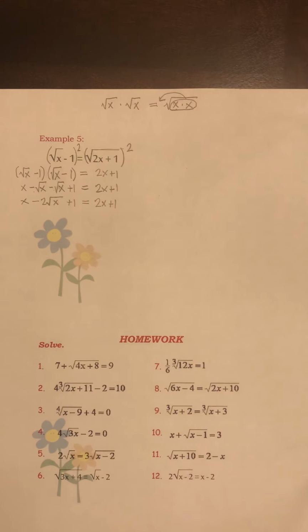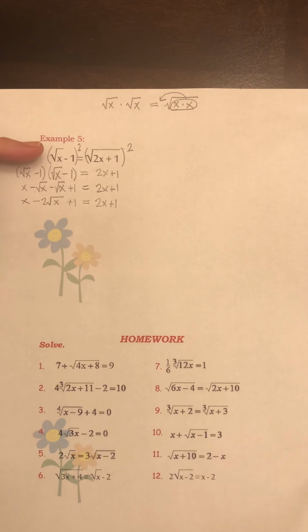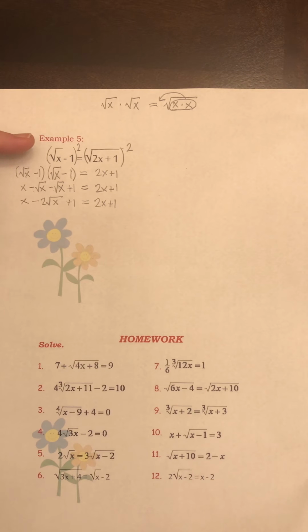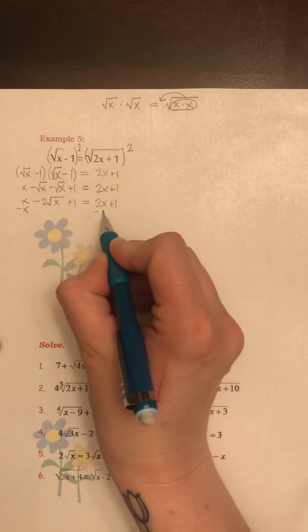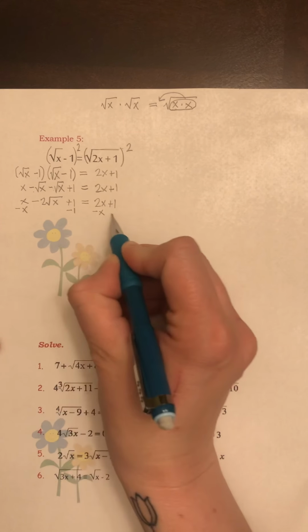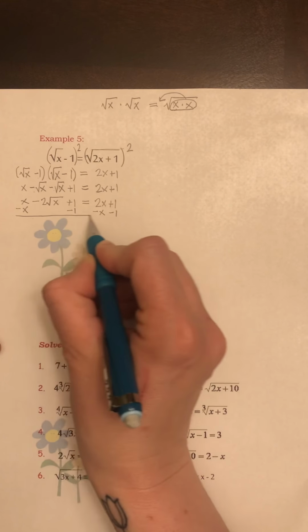All right, we haven't seen a problem like this one yet in our examples, where we started off with radicals, and we raised both sides to an exponent, and we still have radicals. So we're kind of back to step 1, which is isolate the radical by itself. So I'm going to subtract the x from each side and subtract the 1 from each side.